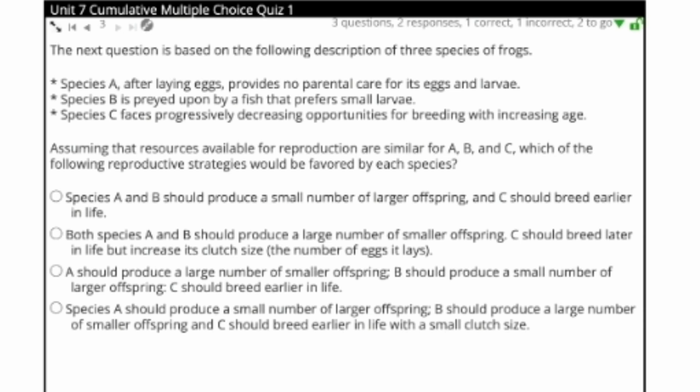C should breed later in life. And choice 4, species A should produce a small number of larger offspring. B should produce a large number of smaller offspring. And C should breed earlier in life with a small clutch size. We've got a 3 choice.